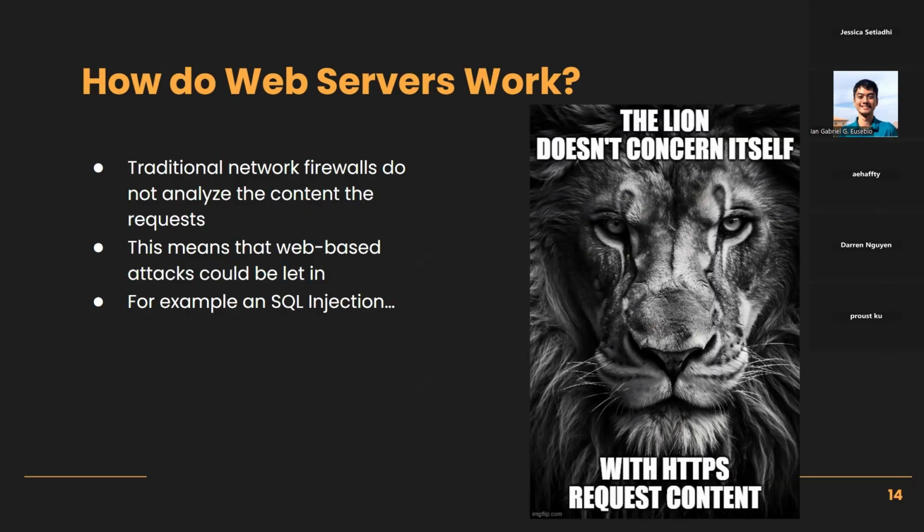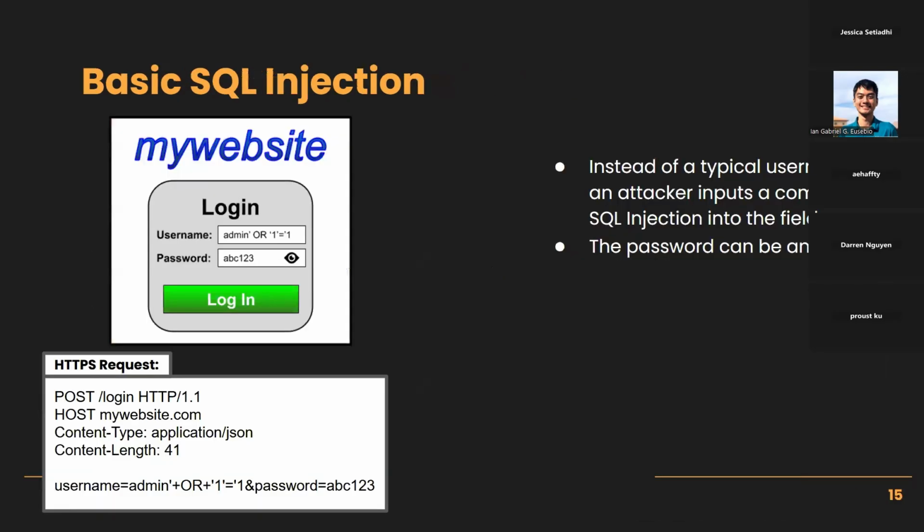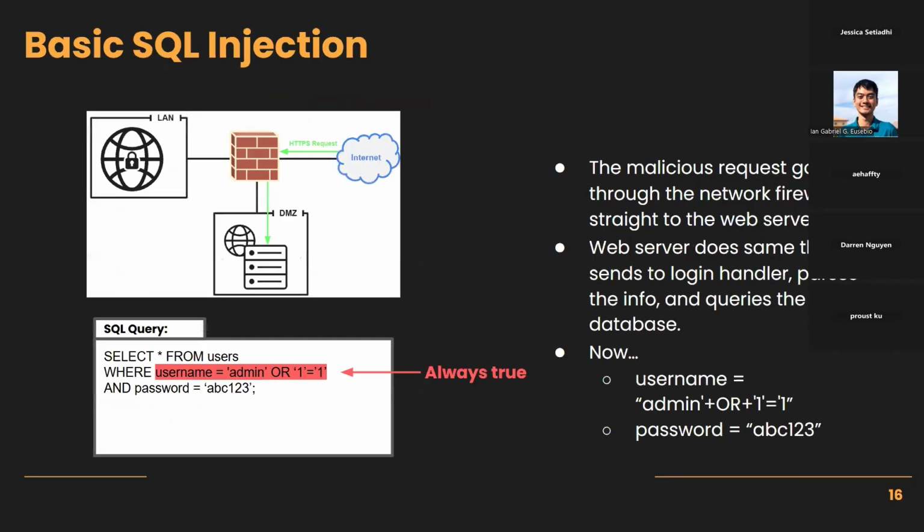Let's say, for example, I'm going to show you what a SQL injection looks like without a web application firewall. So let's say instead of having a normal username like guest or admin, your username is going to look something like this, where this is a very basic SQL injection query, and the password can be anything.